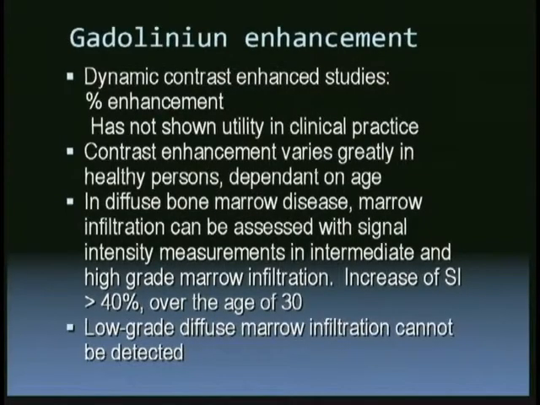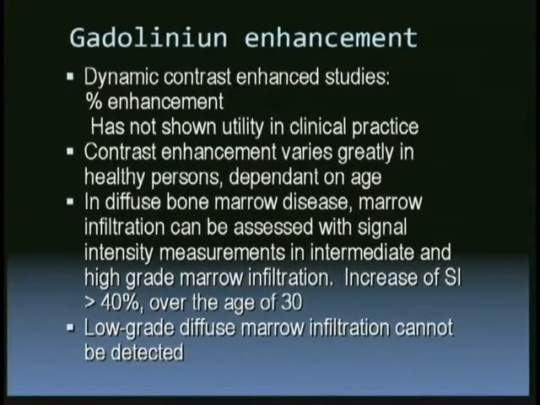Gadolinium enhancement for evaluation of bone marrow disease has not been proven to be very useful in clinical practice because there's a lot of variation of bone marrow enhancement depending on the age of the patient.